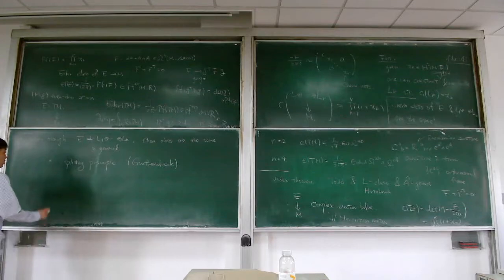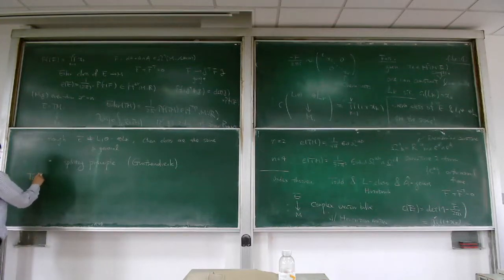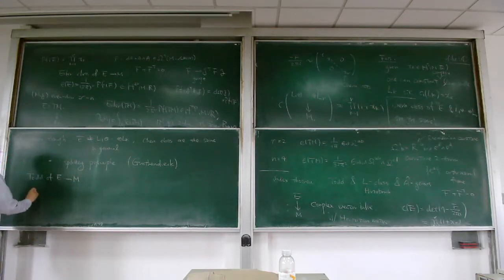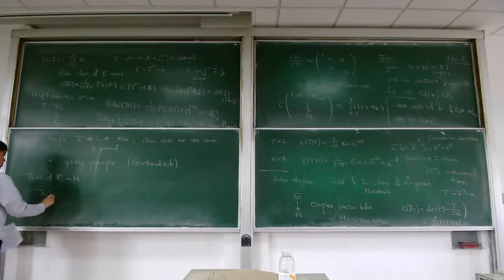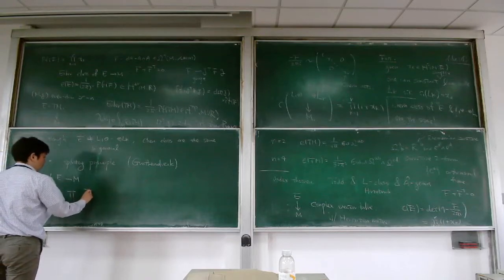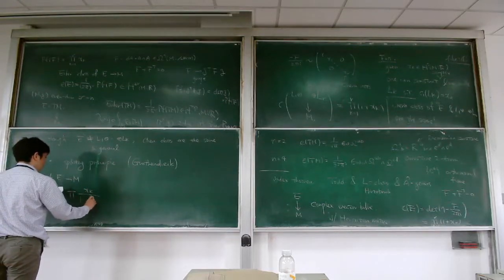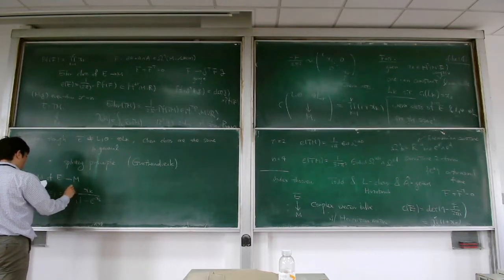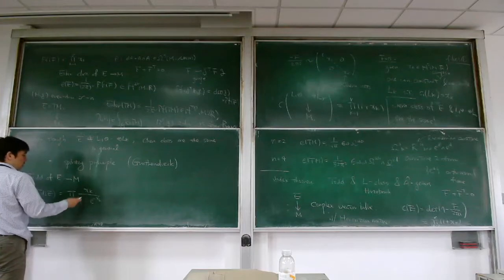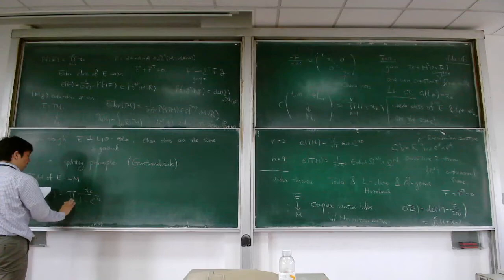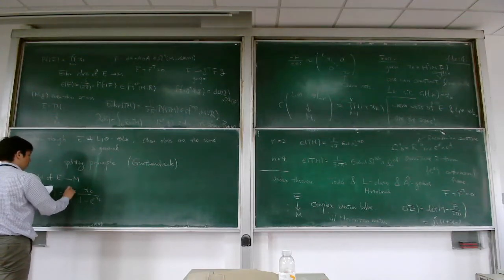And then the top class of E is defined as follows. It can go to infinity, but it doesn't matter. K is equal to 1 to R maybe.